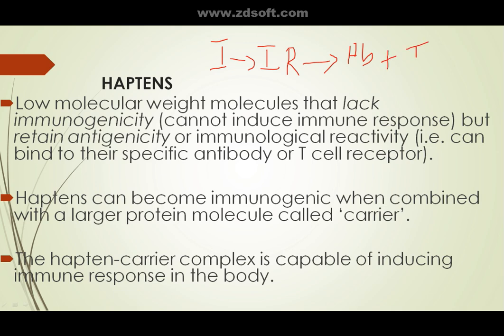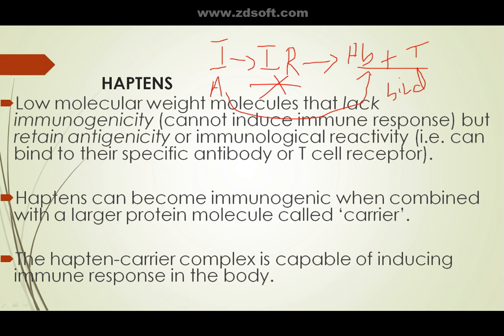This is what an immunogen is. When we spoke about antigen, this step is not there. But we said that it can go and bind to the antibody or the T cell, that is what a hapten is. It can go and bind to the products without this step.